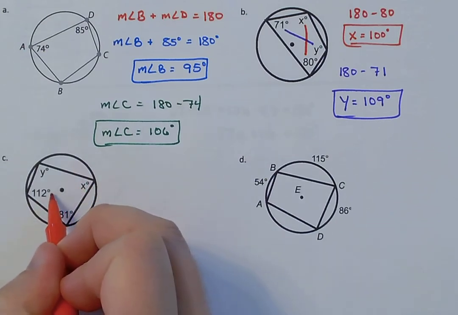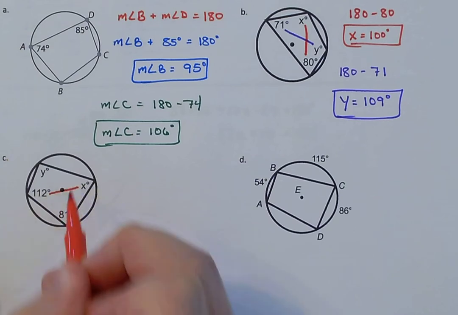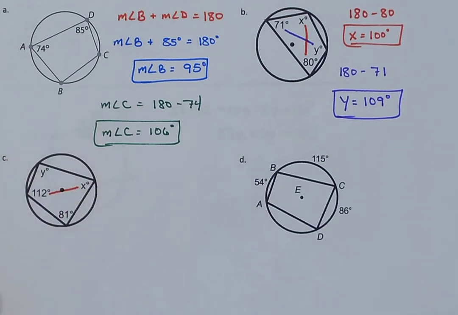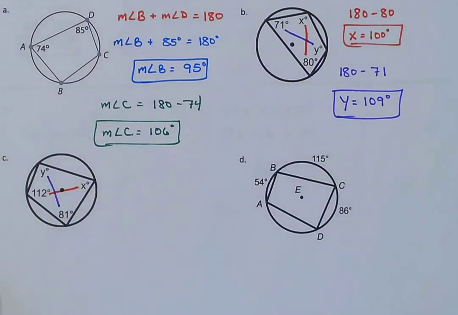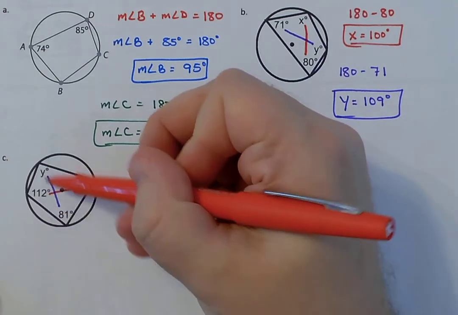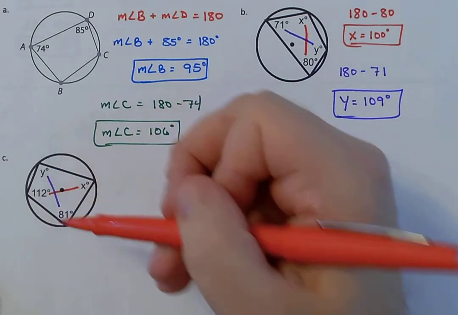So opposite angles in this case would be 112 and x, and 81 and y. So 112 and x are opposite of each other, and 81 and y are also opposite of each other. The inscribed quadrilateral theorem states if a quadrilateral is inscribed in a circle, then the opposite angles are supplementary.